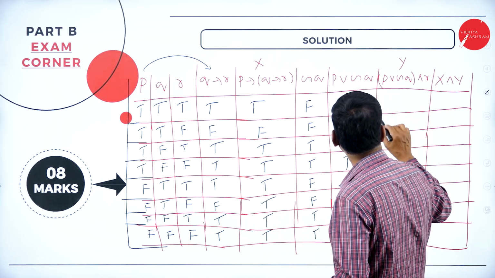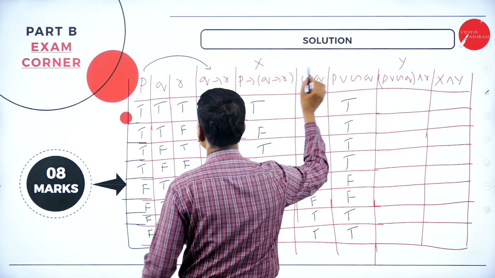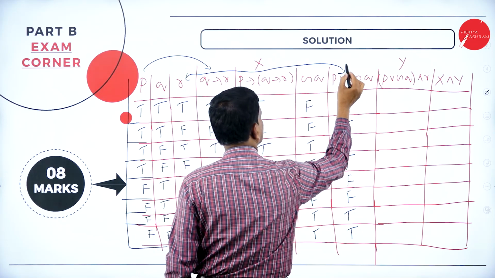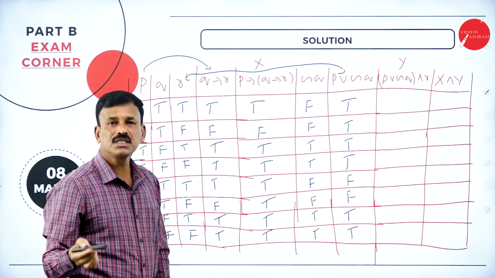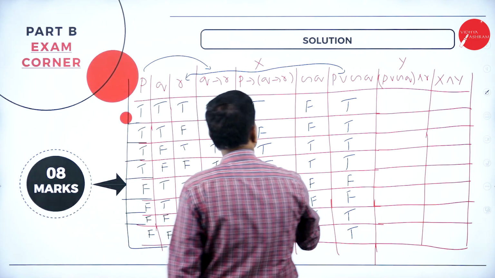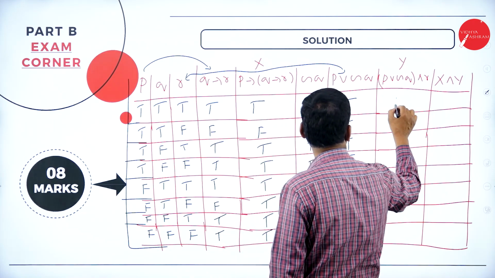Now, let us write down the conjunction for these two. The conjunction for P disjunction negation Q, conjunction R. So, in conjunction, true and true is true. In all other cases, it is false. So, true and true is true.